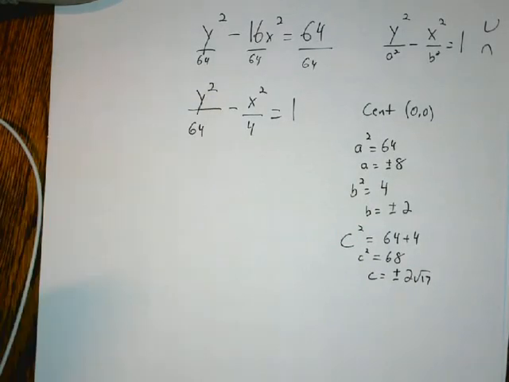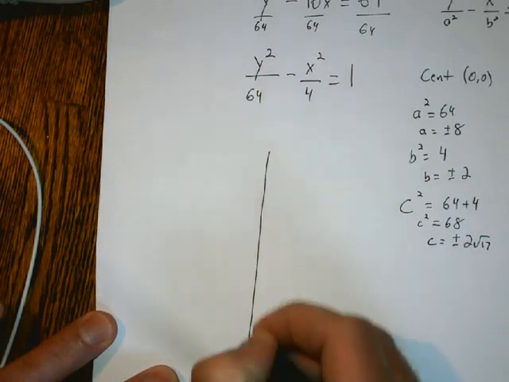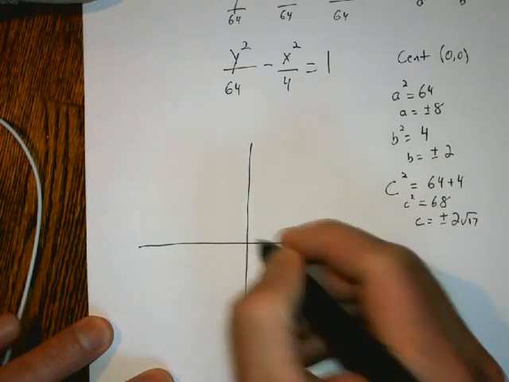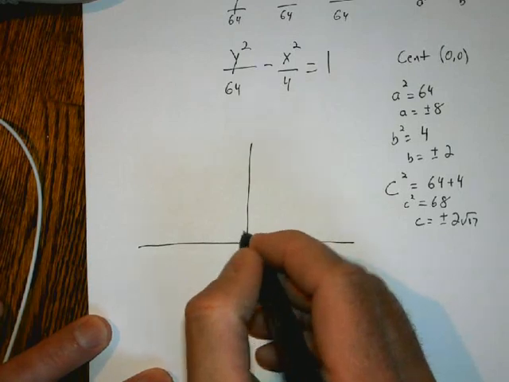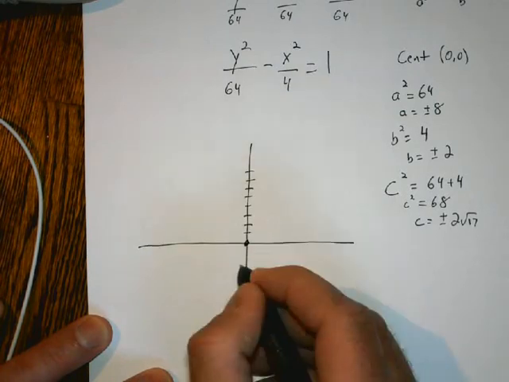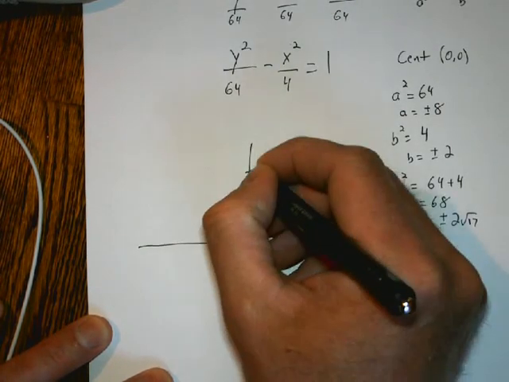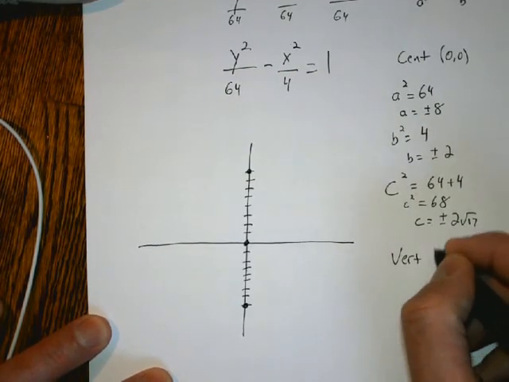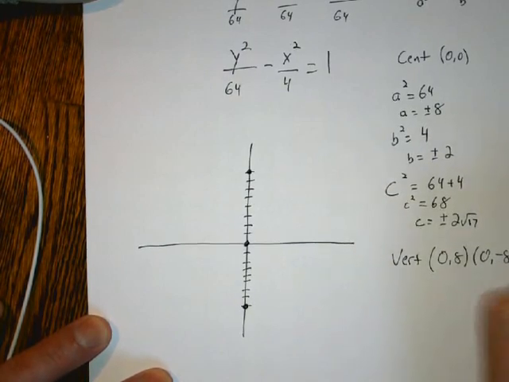Okay? So, start our plot. The center's at the origin. A value, we know it's got to go up and down, so it's got to go up and down 8. So our vertices are here and here, so we write it down. Vertices are at 0, 8, and 0, negative 8.